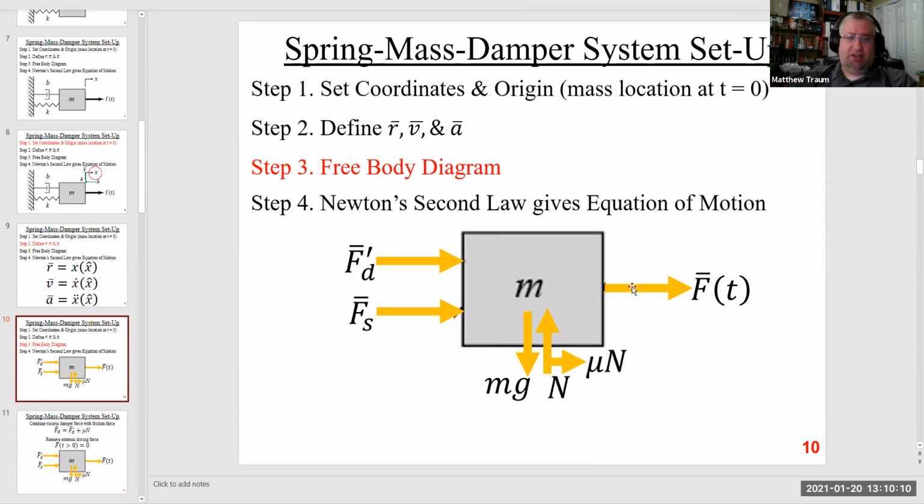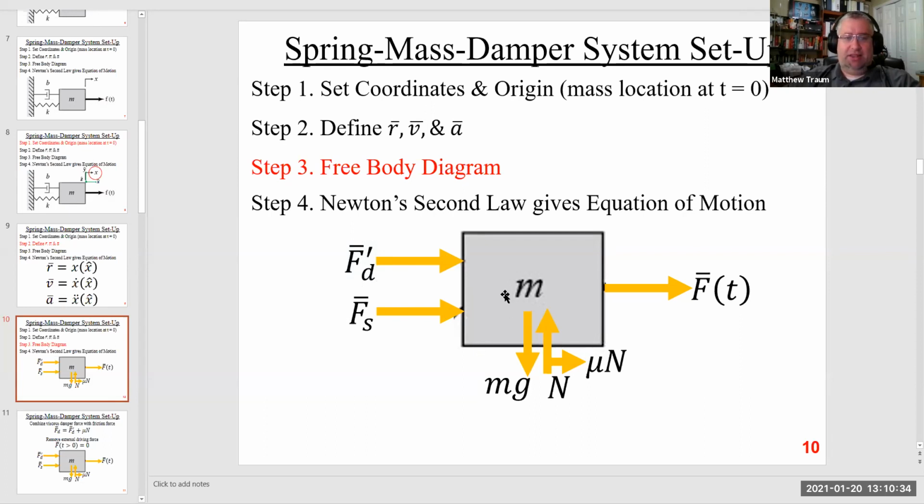So I've got a couple of forces. I've got the force here as a result of the forcing function, which I'll just call capital F as a function of time. And then I've got the spring force acting on the mass, and I've got the damper force acting on the mass. And I am going to play a little trick here. So I'm going to use F prime sub D as the damper force. Also operating in the x hat direction is the friction force. So we'll talk about that in a second.